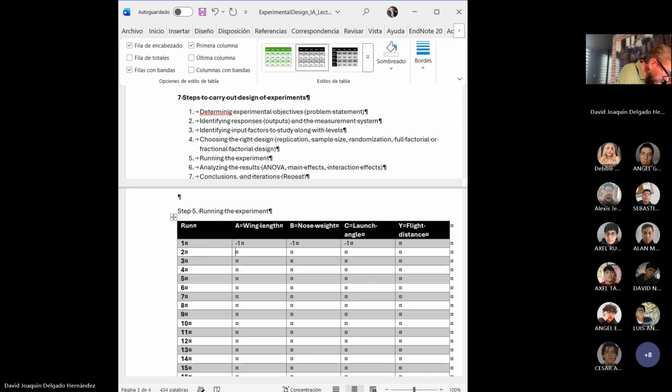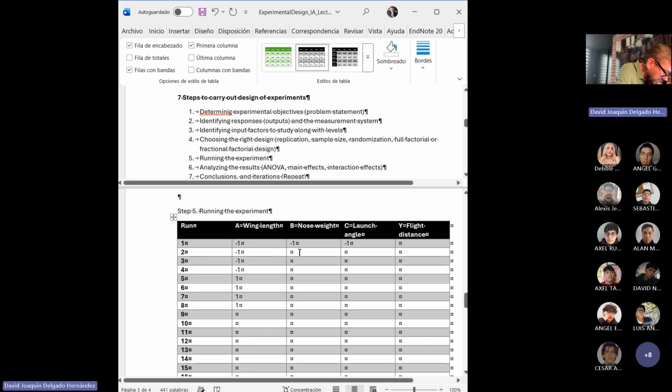Okay. So in order to do it systematically, we are going to have -1, -1, -1, -1, and here it will be 1, 1, 1, and 1.